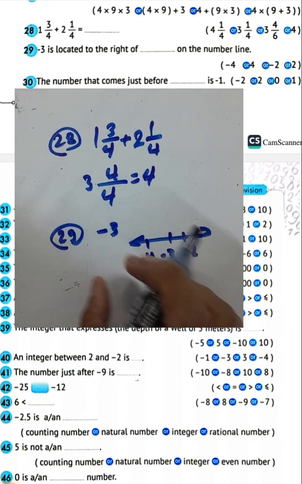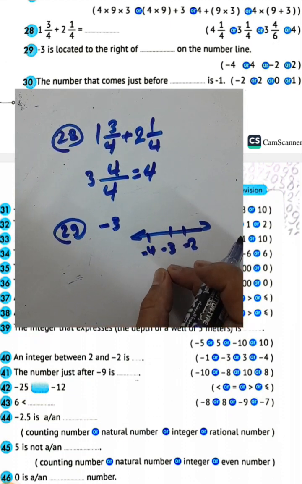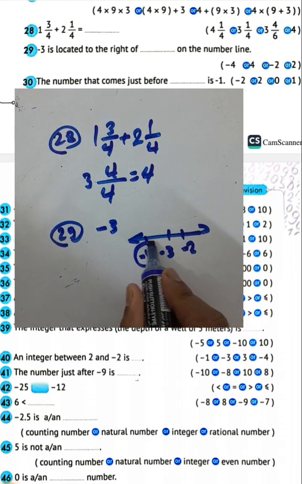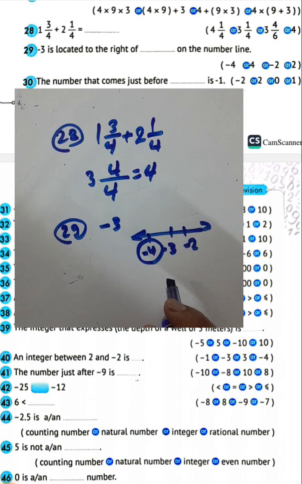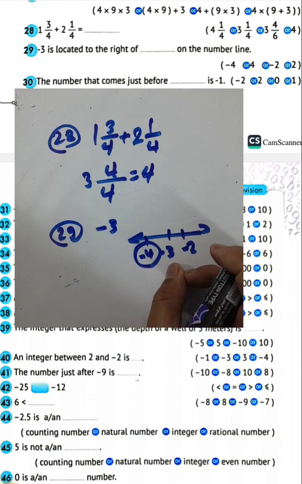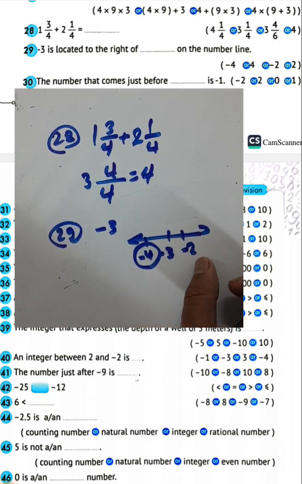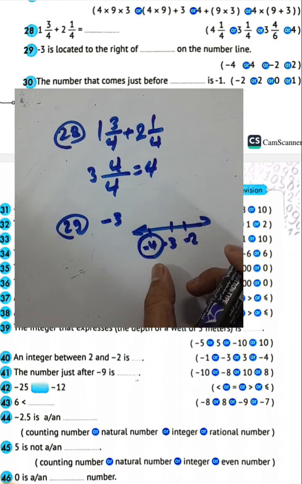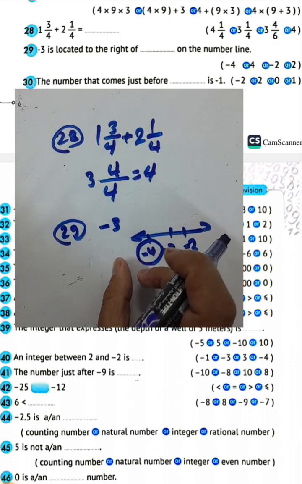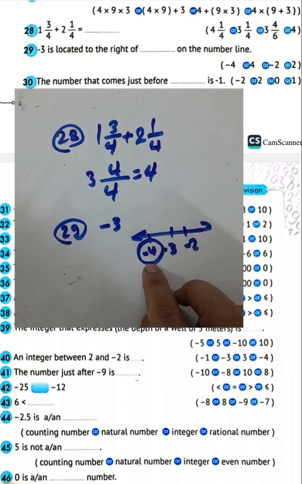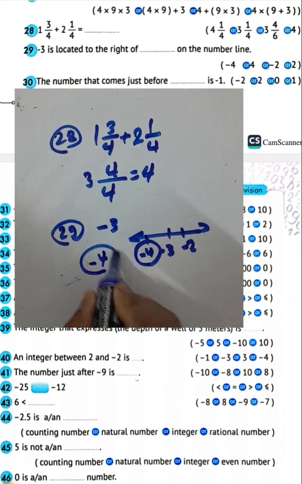Again, negative 3 is located where? To the right of negative 4 on the number line. Right, negative 4. Okay, but negative 3 is also located to the left of negative 2. He wants, in this example, negative 3 located to the right of what? The right of negative 4. Look at negative 4, you have the right-hand side here of negative 4. Then the result will be negative 4.